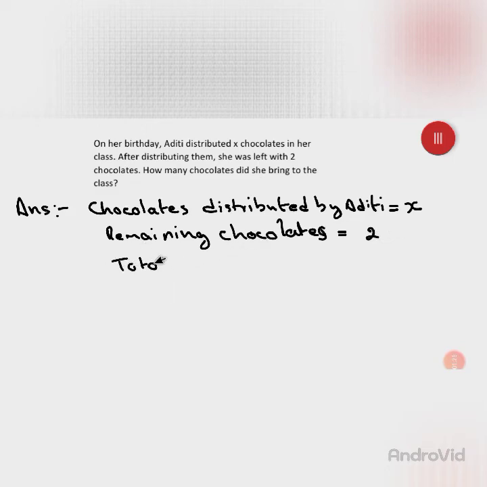Total chocolates were X she distributed, and chocolates she has with her after distribution was 2. So X plus 2 will be the total number of chocolates she brought to the class.